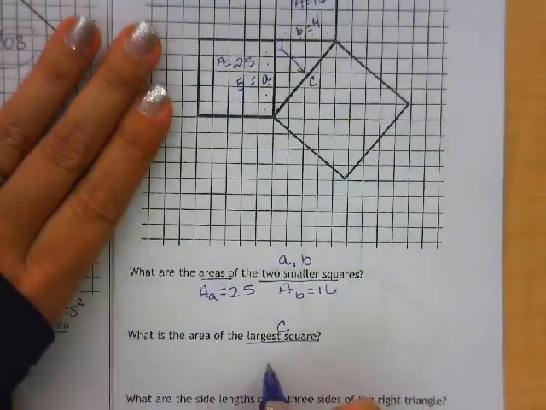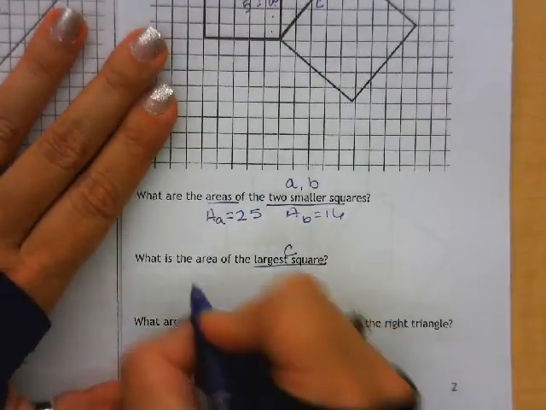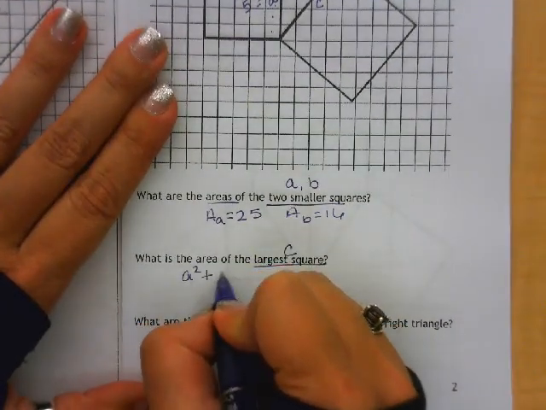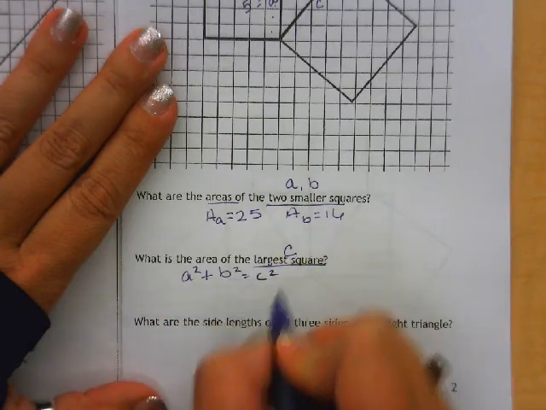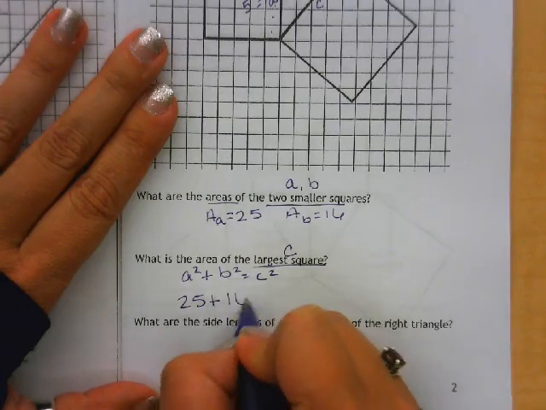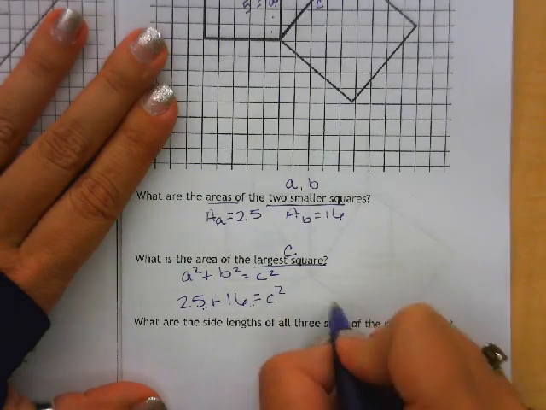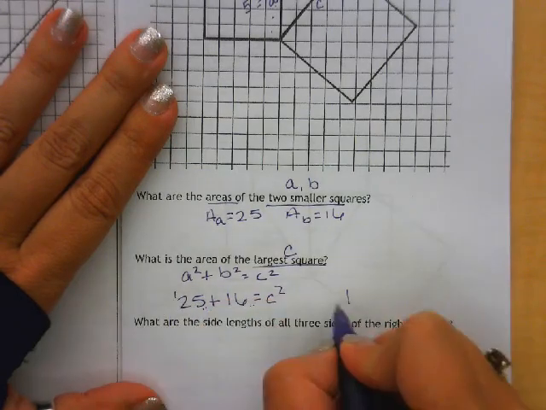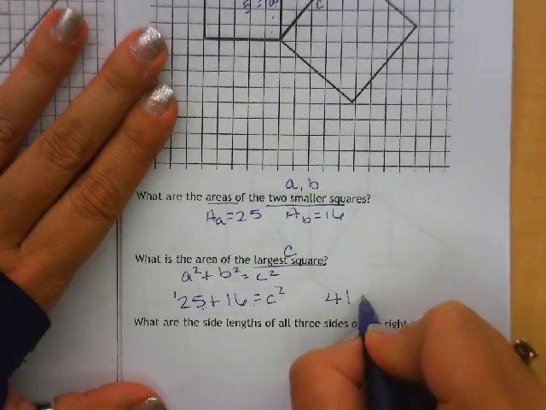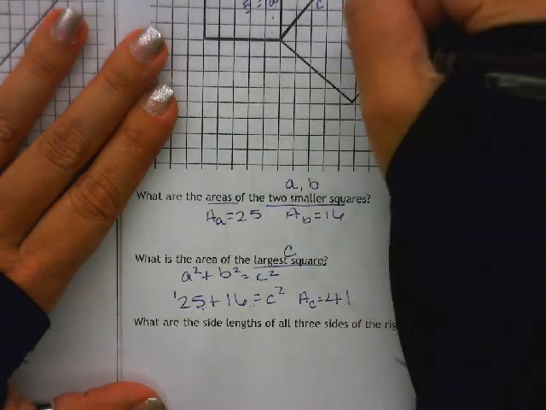So in order to find the area of C, we can go back to our formula. A squared plus B squared equals C squared. Well, we already squared A, 25 plus 16. So we just need to add these. So 5 and 6 is 11, carry the 1, 41. So the area of C is 41.